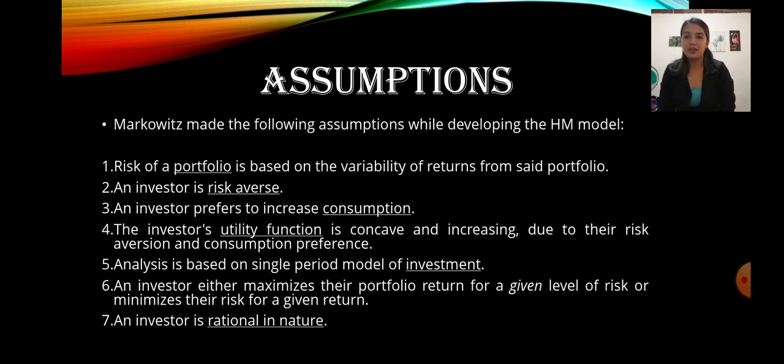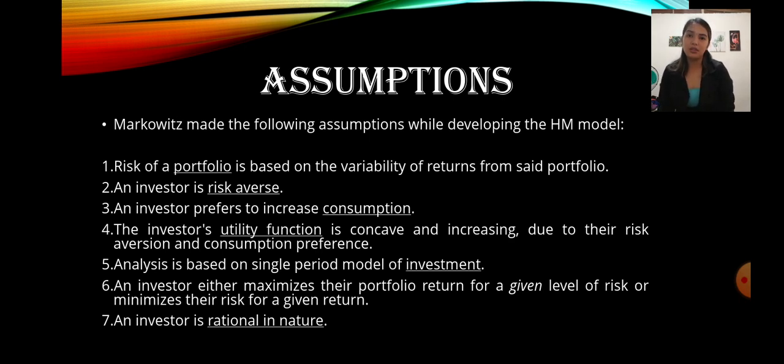The investor's utility function is concave and increasing due to the risk aversion and consumption preference. Analysis is based on a single period model of investment. An investor either maximizes their portfolio return for a given level of risk or minimizes the risk for a given return. And the last one is that an investor is rational in nature.